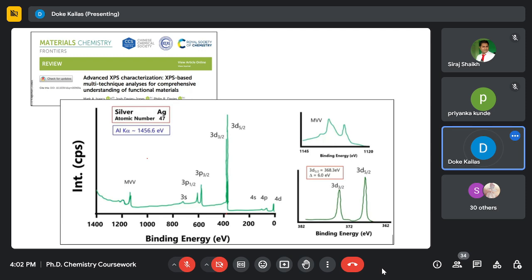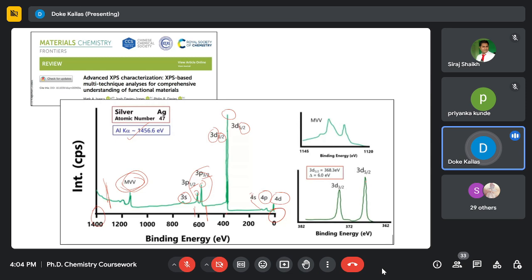This is a high resolution spectrum. So these two peaks are resolved, again at high resolution, so this very small difference can be elaborated, and we get this 3D 5/2 and 3D 3/2.